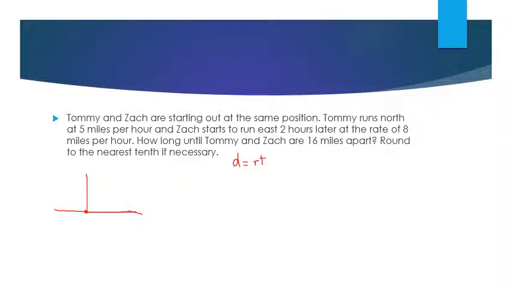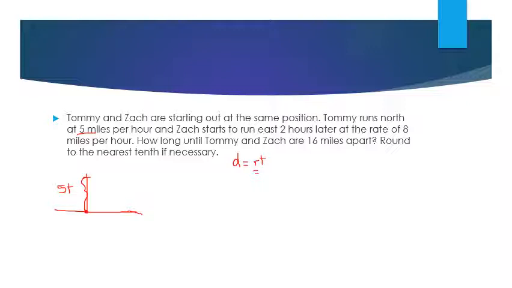So we've got two distances going on, and we've got some time figures, and we've got some rates here. So the distance here is going to be 5 miles per hour, which is the rate, times t. Okay, that's going to equal this distance right here.